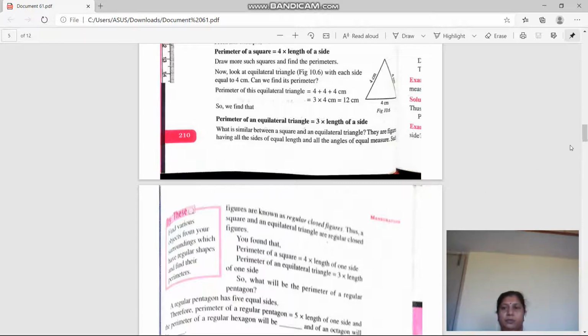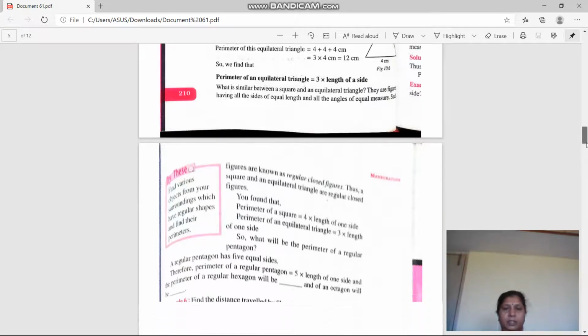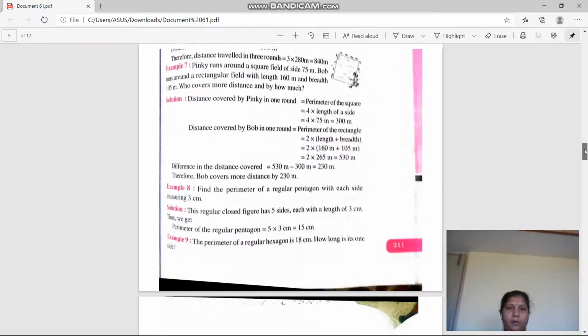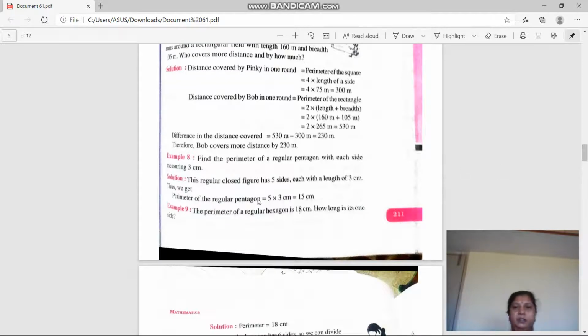Next, the sixth example is just like the athlete, so I will not discuss it. Now it is about the polygon. Let's discuss it. Find the perimeter of a regular pentagon with each side measuring 3 centimeter.